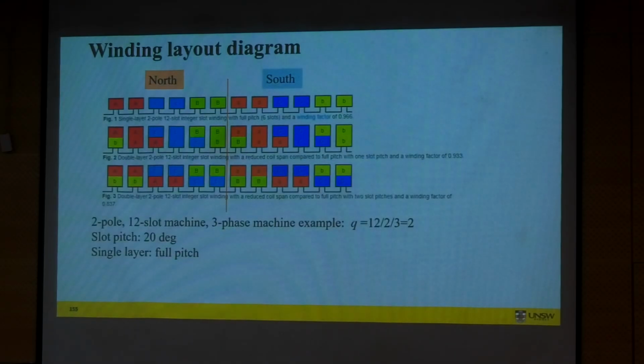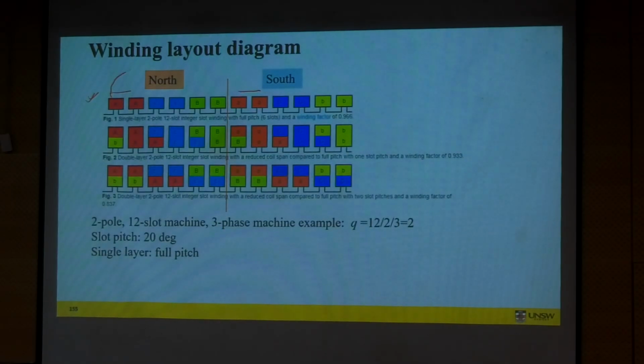You can see this is a 2-pole machine, and it has 2 slots per phase per pole. So for these first 2 slots, you have the positive end of A phase, and the negative end is the south pole of the same phase.